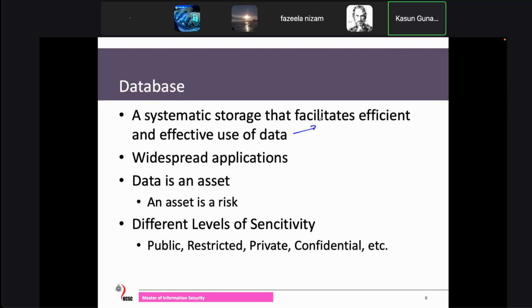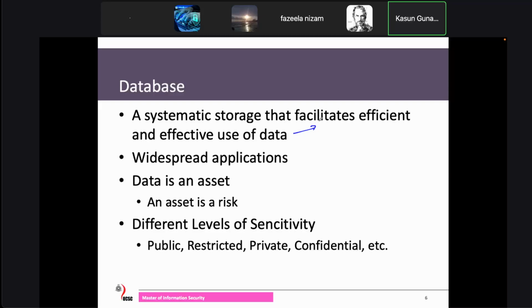We want to store the data as well as we want to search data. We want to update existing data, and we want to delete data. We want to modify, and we want to add new data for existing models. So there are lots of requirements that we need to manage with this efficient and effective use of data.